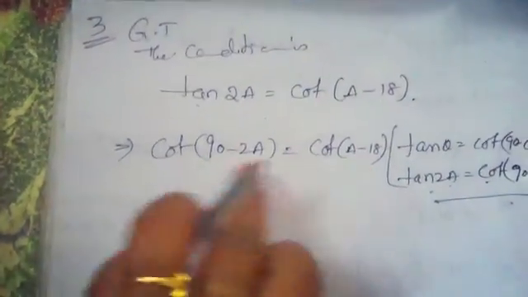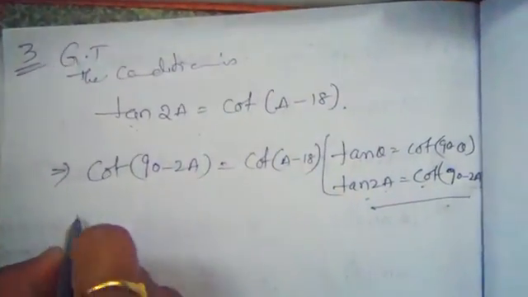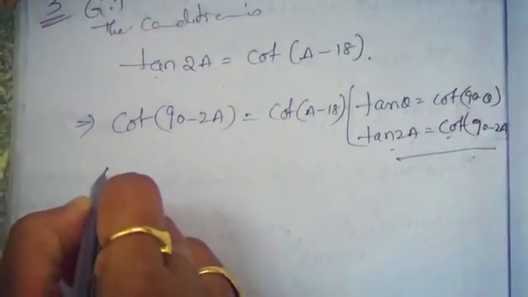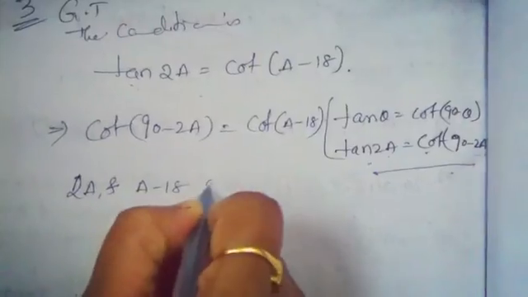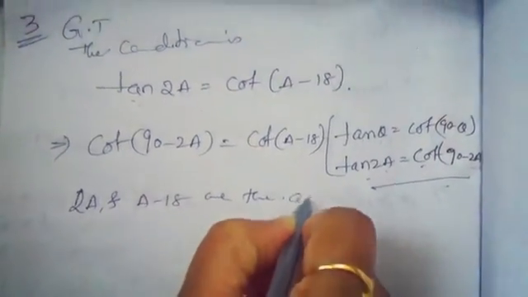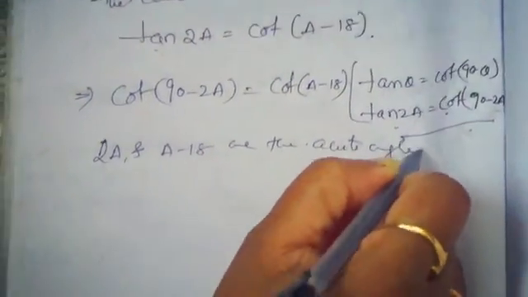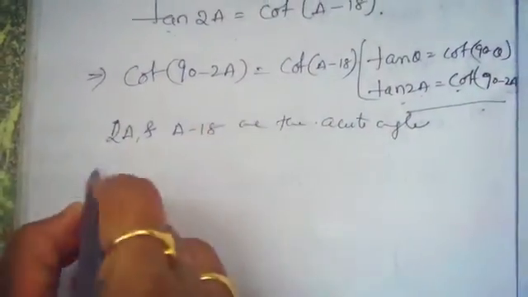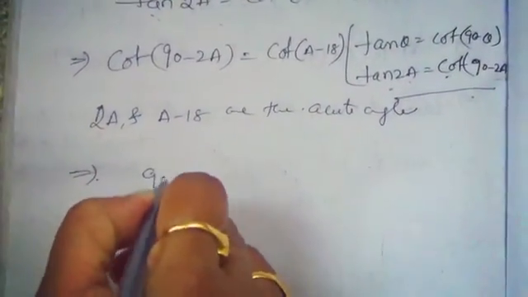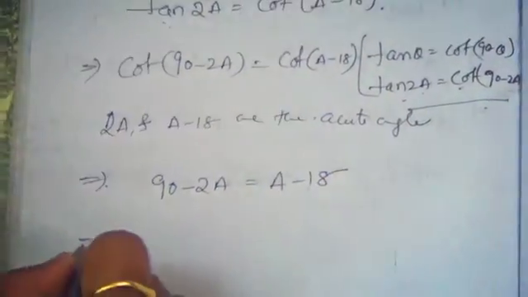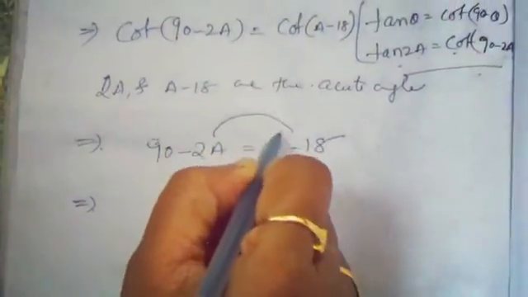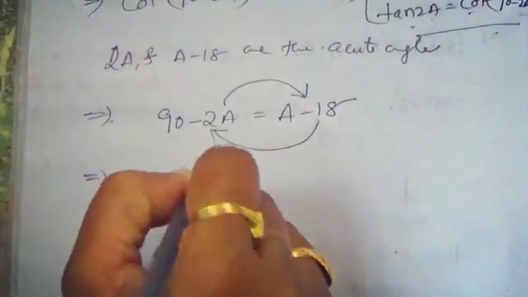Just avoid this cot on both sides, and we know that 2A and A minus 18 are acute angles, hence avoid this cot on both sides. That implies 90 minus 2A is equal to A minus 18. We bring this 2A to the other side and 18 to this side.